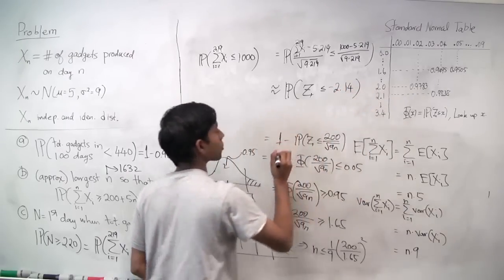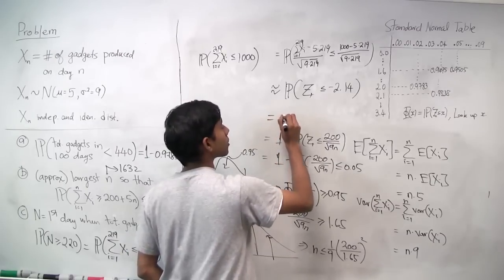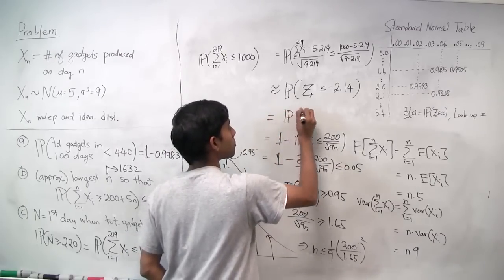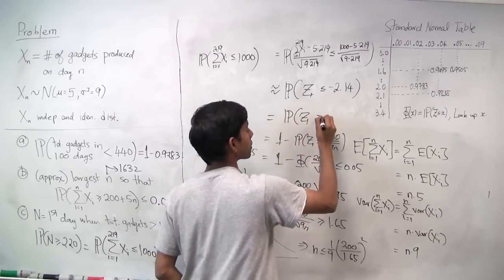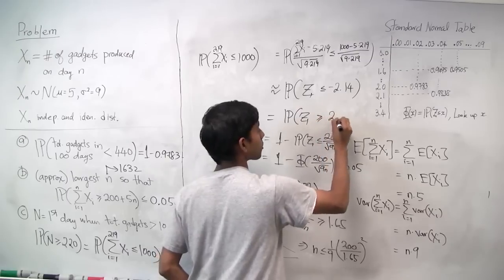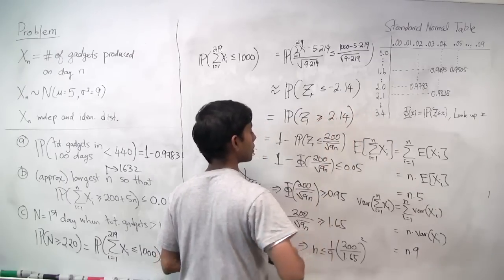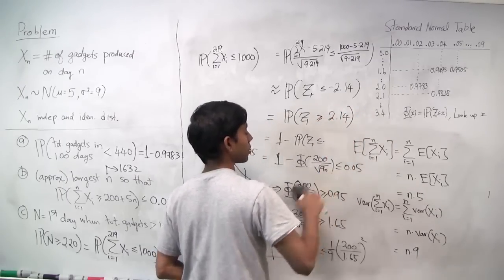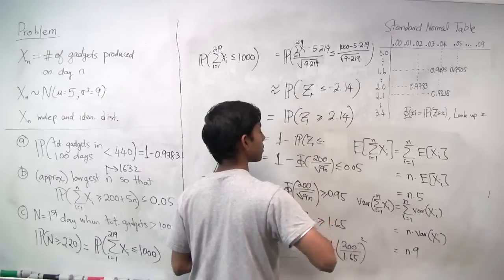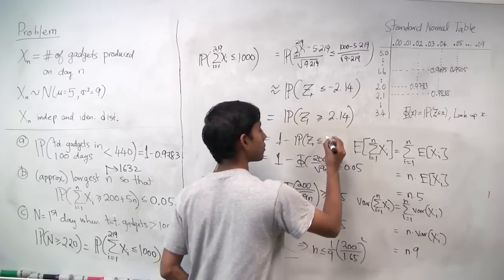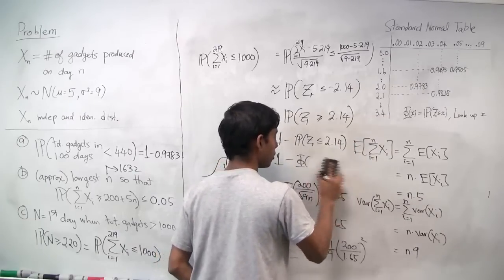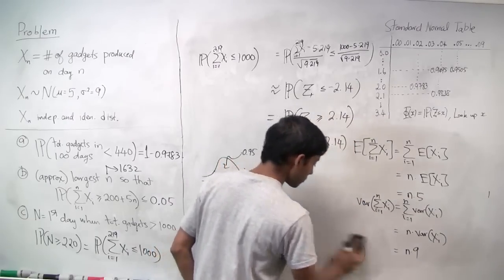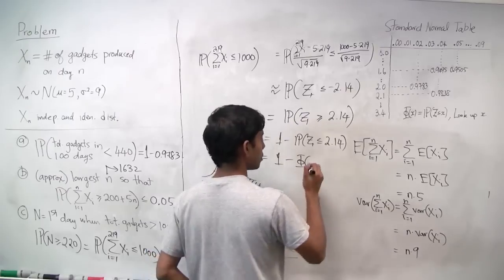Okay? So in this case, this is the probability that Z, again, we do the same thing, is greater than or equal to 2.14. And this is 1 minus the probability that Z is less than or equal to 2.14. And that's just 1 minus Φ of 2.14.